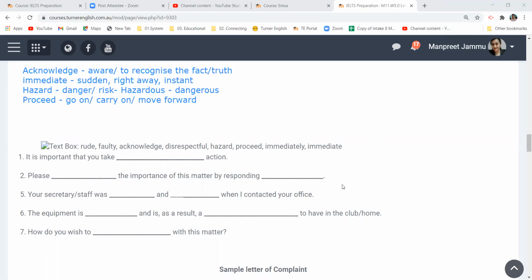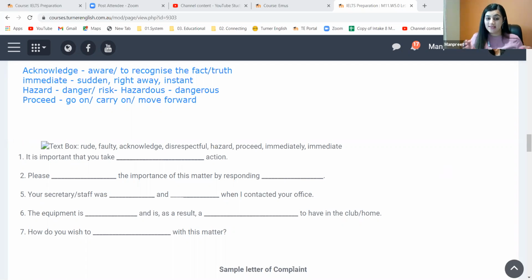The equipment is faulty and is, as a result, a hazard to the class. Good, beautiful. Who would like to do the last blank? Proceed. How do you wish to proceed with this matter? Beautiful, good. Well done, everybody.